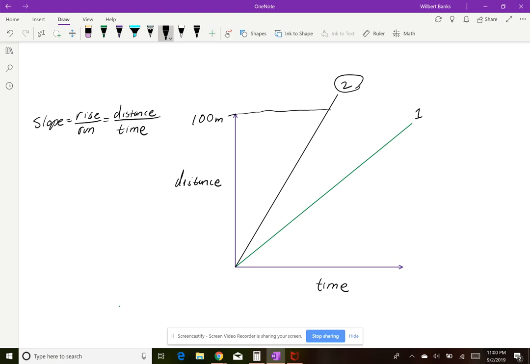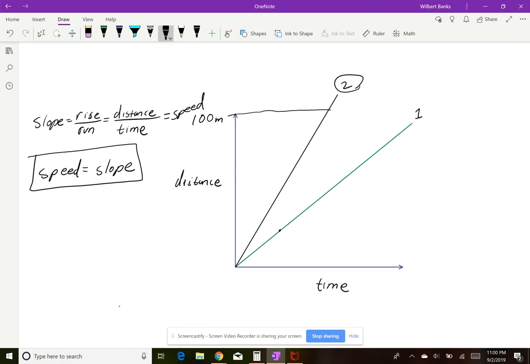Now, we discussed this earlier, but something else equals distance over time, and the answer for that is the speed. So in this, it's important that you understand that speed equals the slope of a distance-time graph. They are exactly the same thing. In fact, you calculate them the same way.